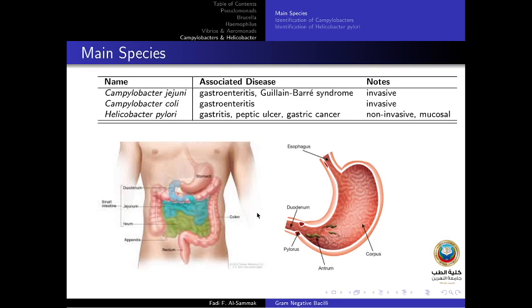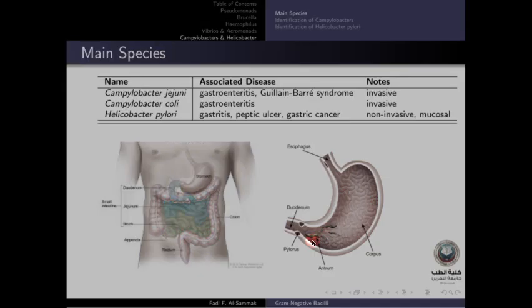What is important to notice about Campylobacter is that they are invasive infections. Therefore, we can see RBCs and pus in the stool, which is not the case, for example, in Vibrios and cholera, because it is considered non-invasive. Now, another microorganism whose natural habitat is the stomach, particularly the area of the antrum, is Helicobacter pylori.